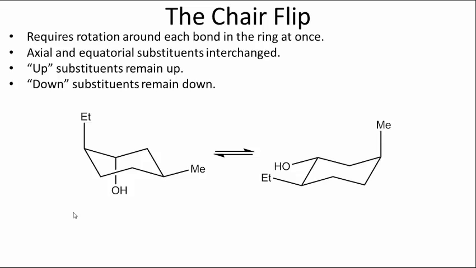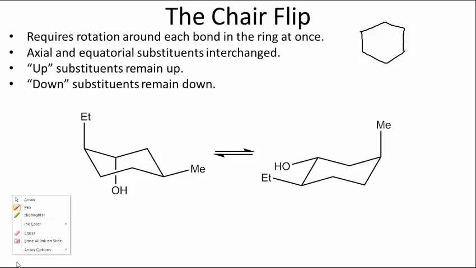So here's a drawing of a chair flip for a molecule. Now this molecule, if I were to draw a planar projection of it, would look like this. I'm going to number my carbons. I'll call this carbon 1 with the OH on it, and then 2, 3, 4, 5, 6.